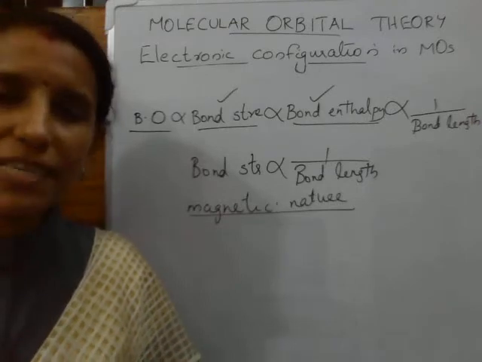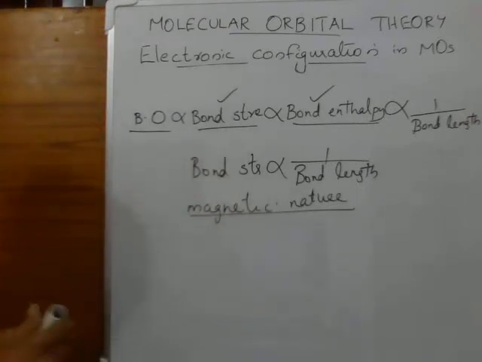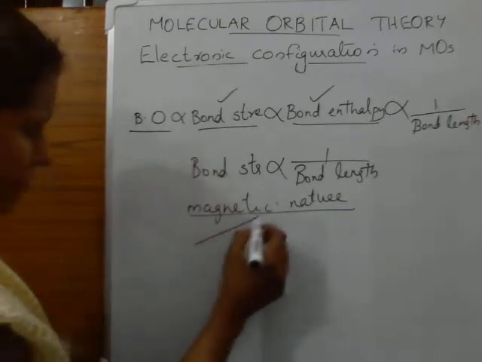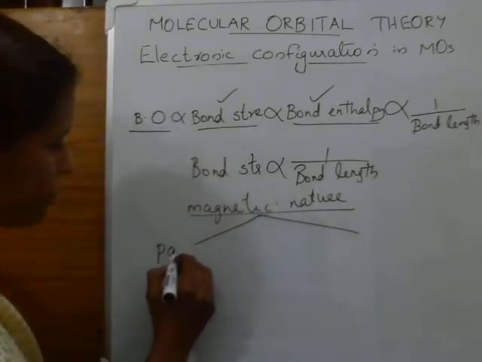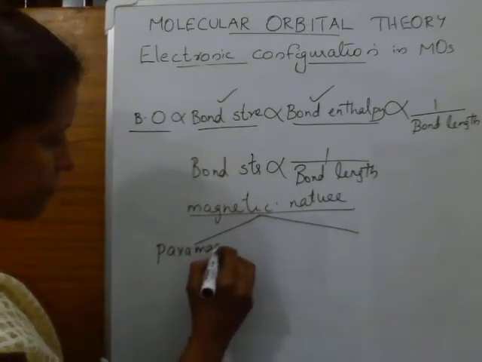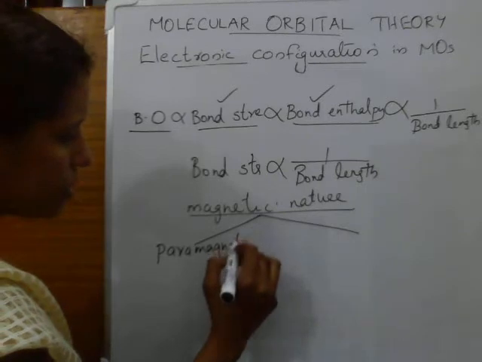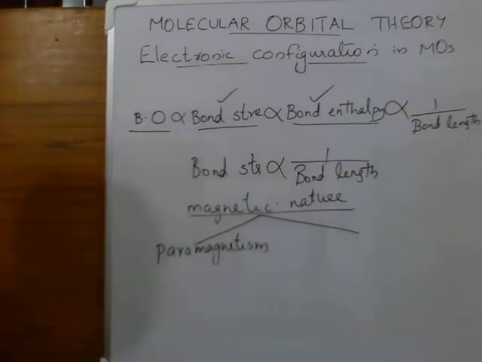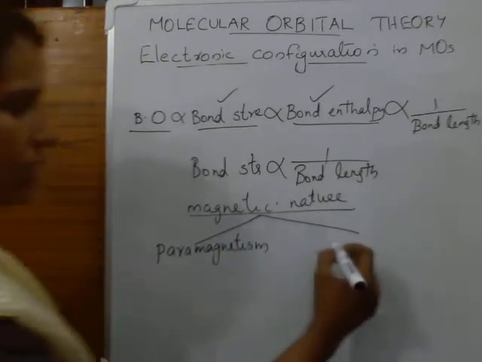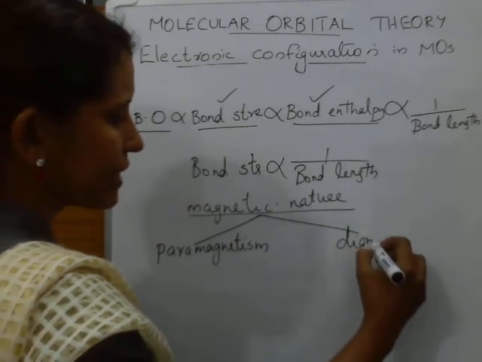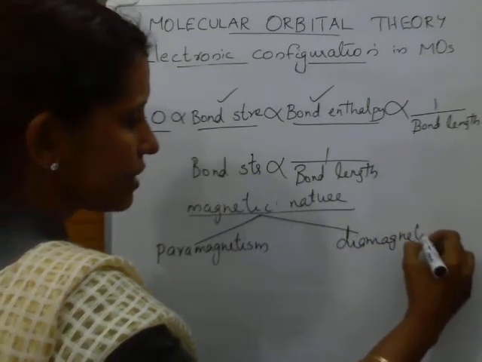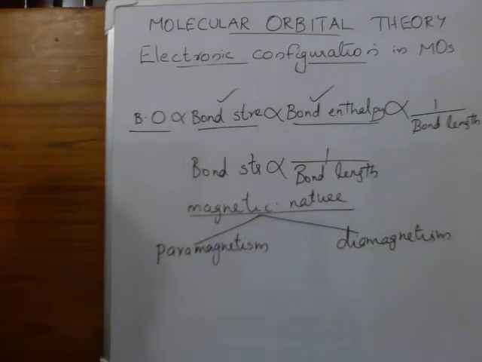So every substance is associated with some amount of magnetism. Different types of magnetism are there. Here we are going to talk about two types of magnetic behavior. One is called paramagnetism, and the molecules which show paramagnetism are called paramagnetic molecules. The second one, diamagnetism, and diamagnetic molecules.